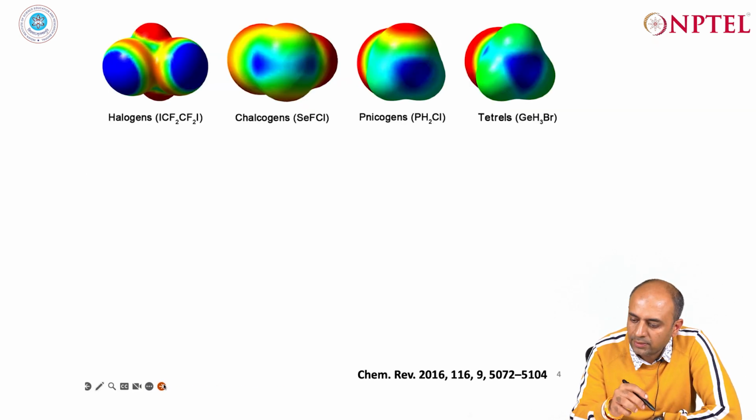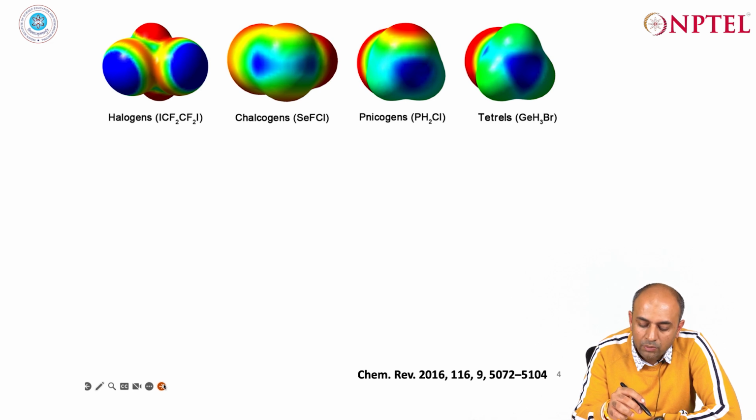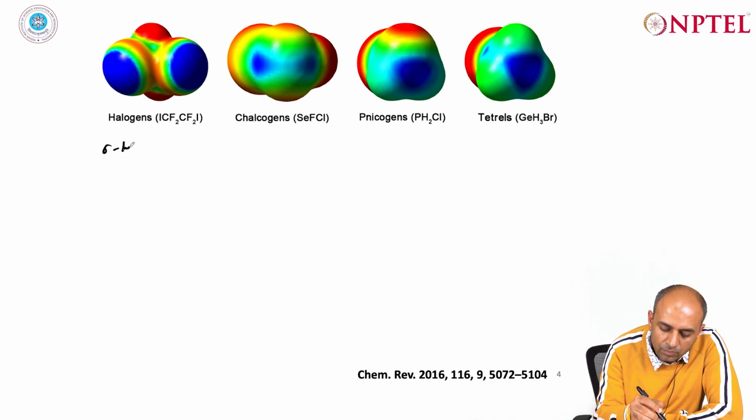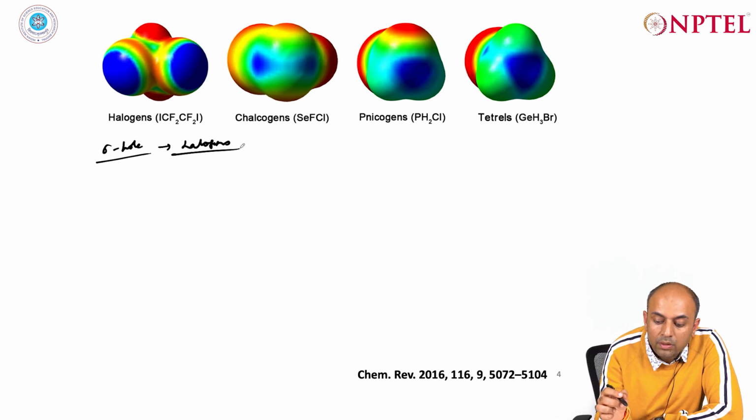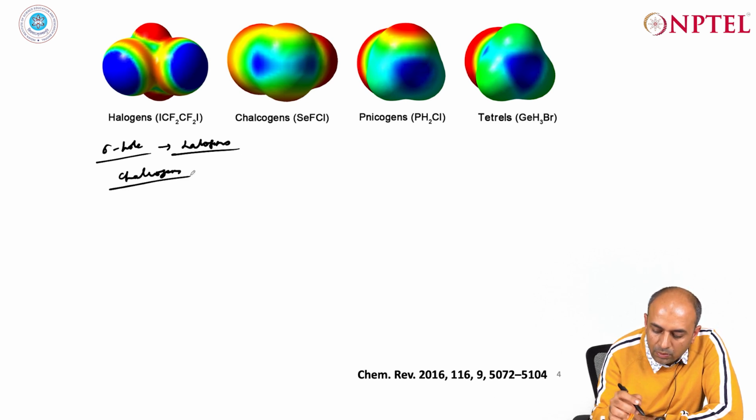And we can now look at some other examples as well. So the concept of sigma hole is not only relevant to halogens, it is also relevant to the chalcogens. For example, sulfur, selenium, tellurium.